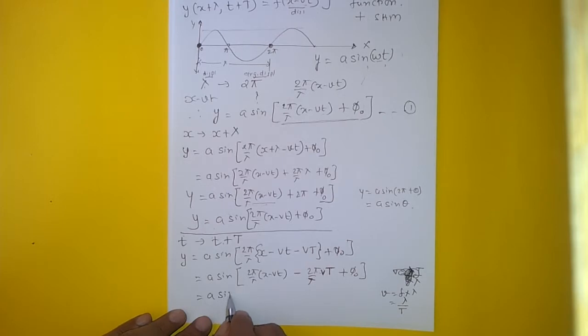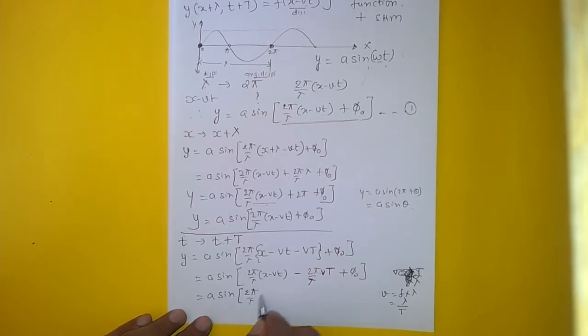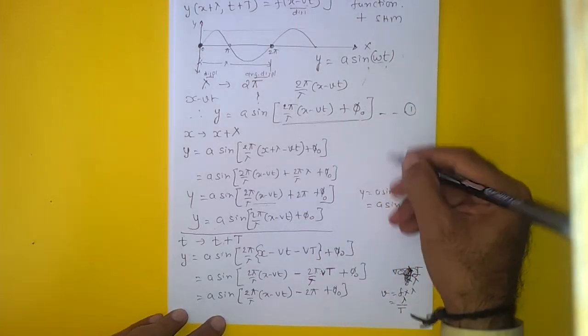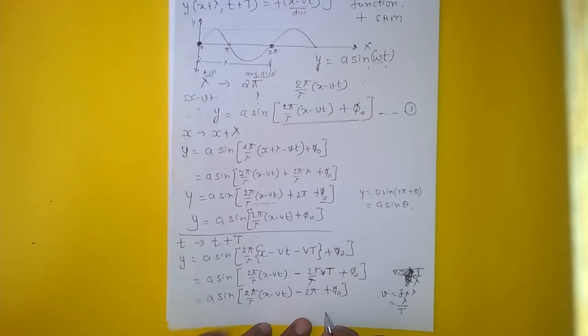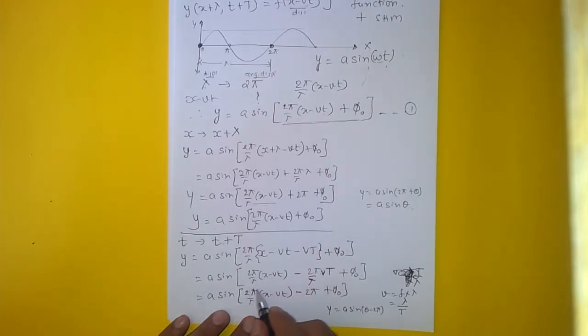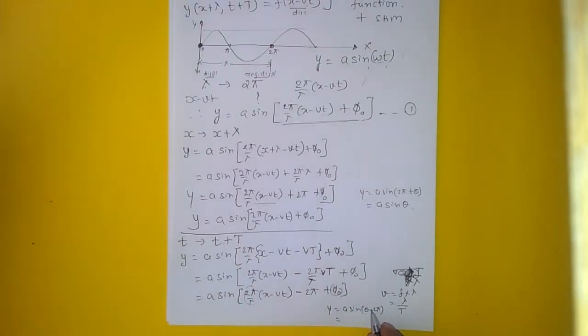So I'll get a sine of 2 pi upon lambda x minus vt minus 2 pi plus phi 0. And if I do a similar comparison over here, this is equivalent to y is equal to a sine of theta minus 2 pi. This entire term, 2 pi upon lambda x minus vt plus phi 0 is theta, and then theta minus 2 pi.